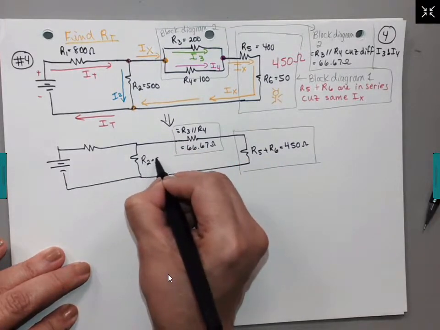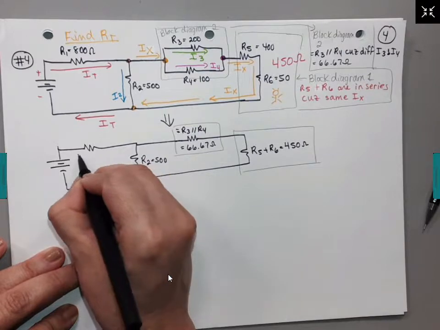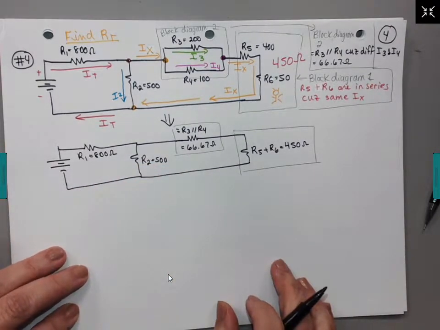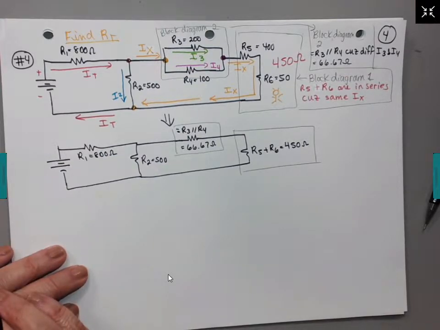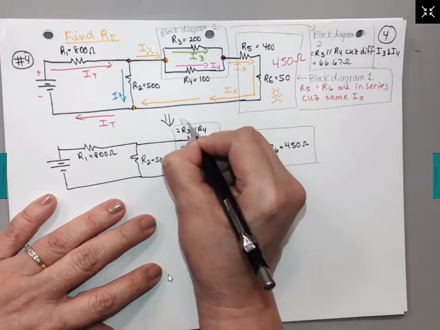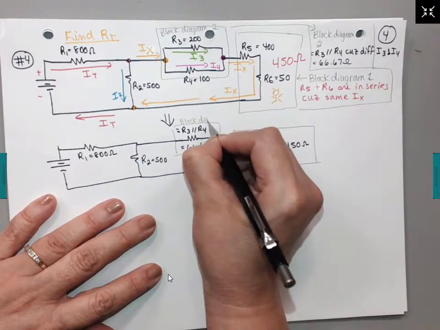R2 stays the same, and R1 stays the same. Yes? Okay. So this is block diagram 1 and 2.